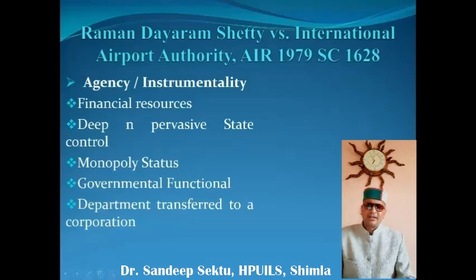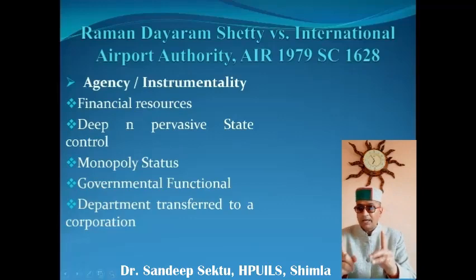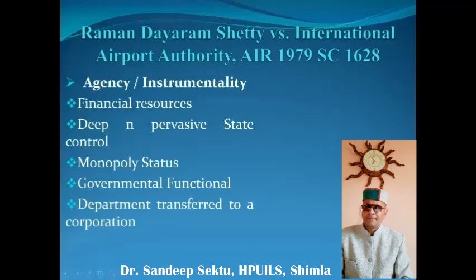If this authority, whatsoever it is doing, is doing functions which are governmental in nature, ejusdem generis principle, then it will be state, obviously. And last one, if a department of government is transferred to some corporation, initially it was a department of government, and any department of government is state. We already have discussed that. But if this department has been transferred to some corporation, then it is also state. Very simple example.